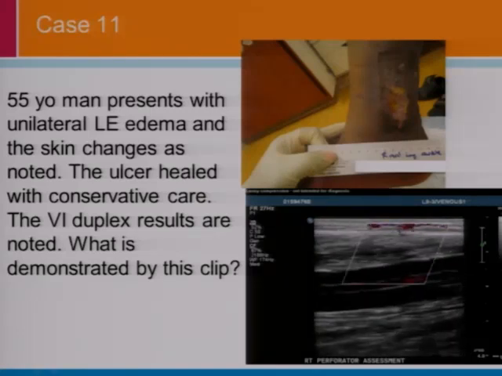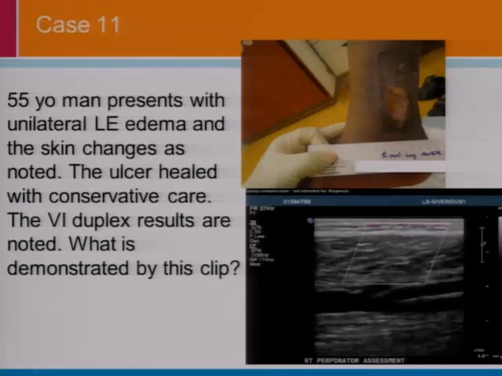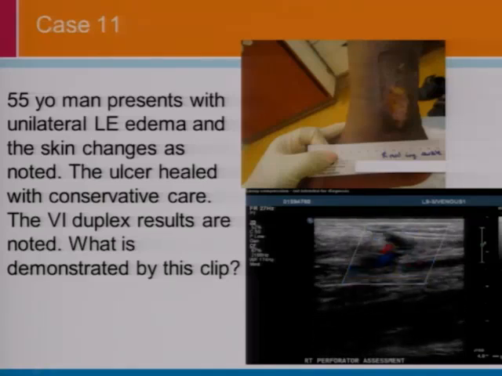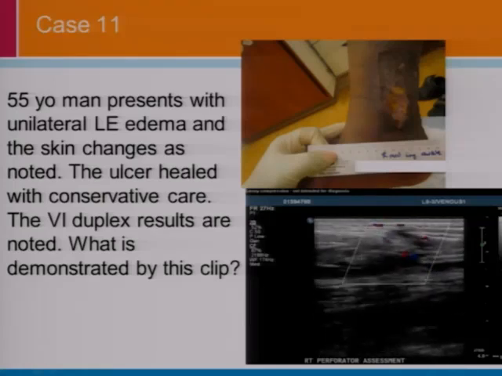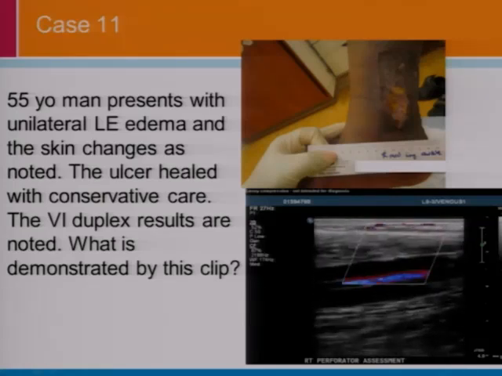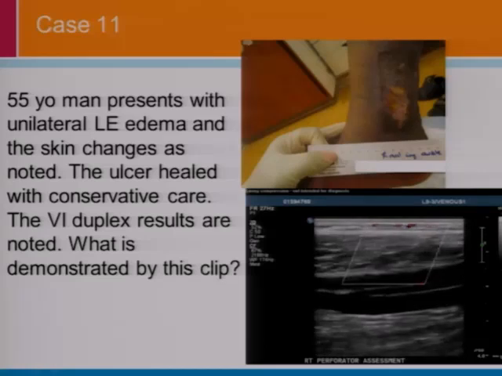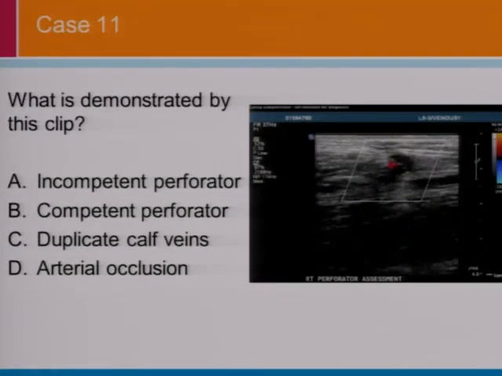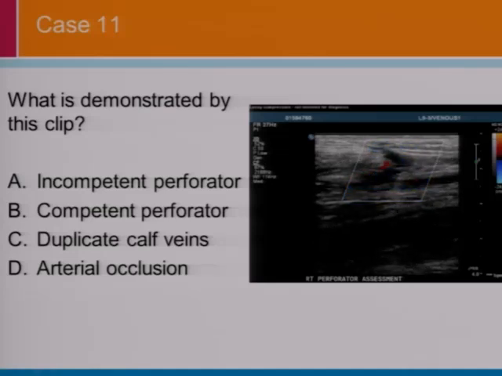So despite having fairly aggressive skin changes and findings at his ankle, this is not necessarily the culprit. This is a competent, very large, but competent perforator. So no good trying to take care of a competent perforator.